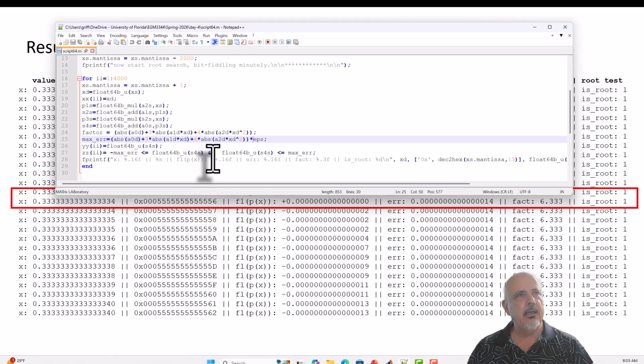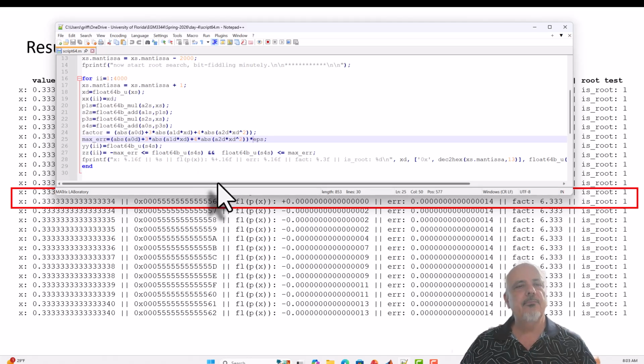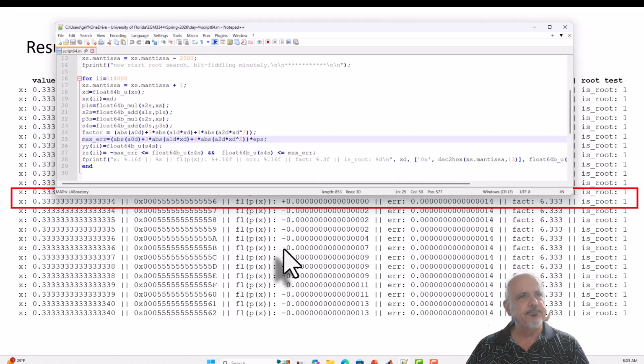And that 'and' means both things have to be true in order for it to be a true root, or thought of as a root within floating point error. Okay, so I thought it would be good to walk you through how this works, and how we're bit fiddling minutely.